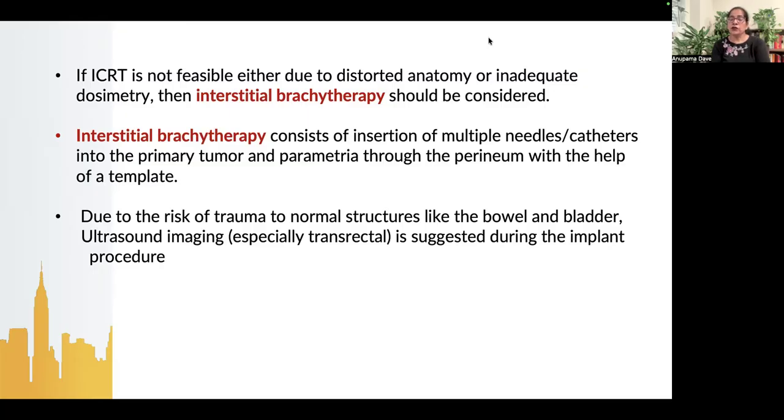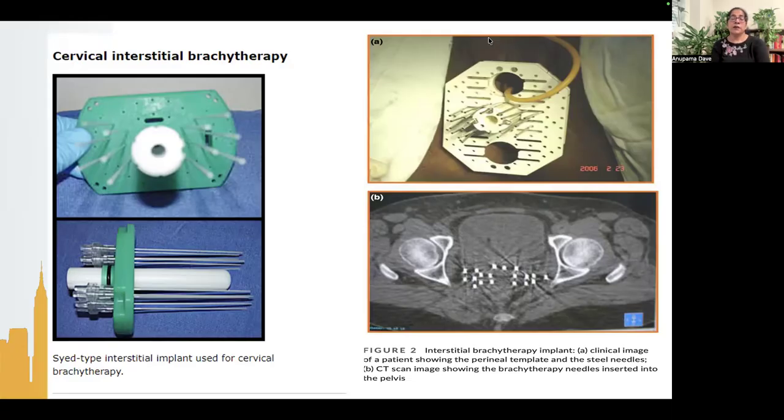Due to the risk of trauma to normal structures like bowel and bladder when inserting these needles, ultrasound imaging, especially transrectal, is suggested during the implant procedure. So this is the template, and this is how needles are introduced from outside, and this is a CT image showing the placement of these needles.